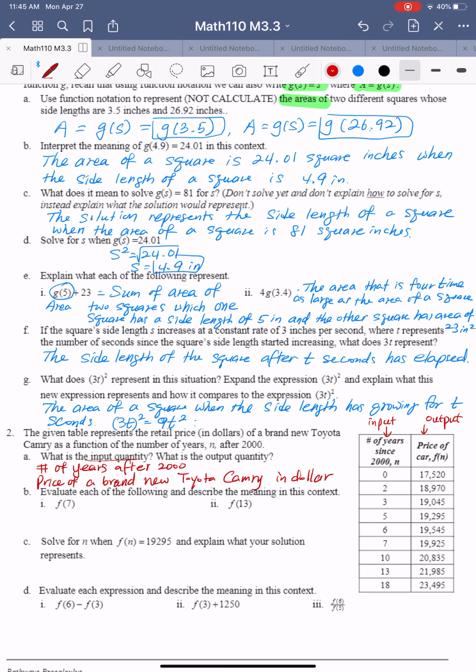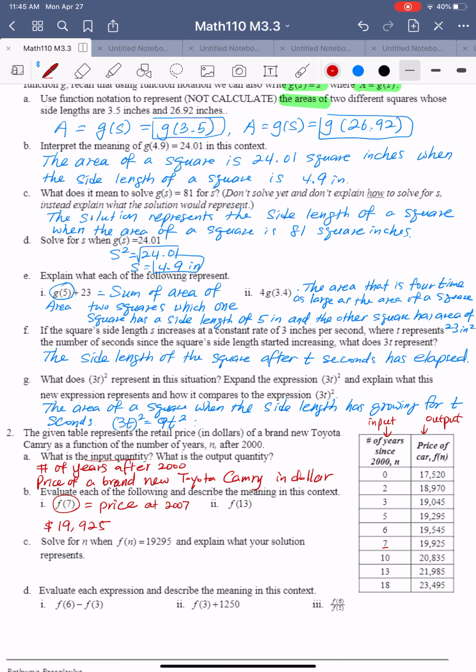Then evaluate each of the following and describe the meaning of this context. So f of 7 means the price of the brand new Toyota Camry in 2007. So when you look at the 7, which is 2007, it means $19,925.